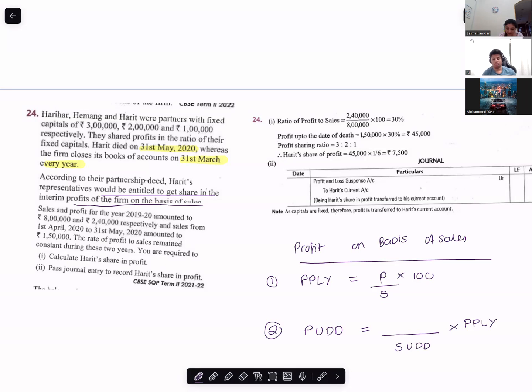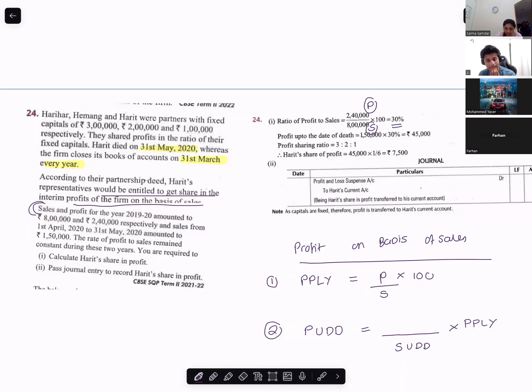Come on, tell me. Read this. Sales and profit of the year 2019 to 2020 amounted to rupees 8 lakh and 2 lakh 40 respectively. So this is profit and this is sales, and you get the profit percentage of last year.